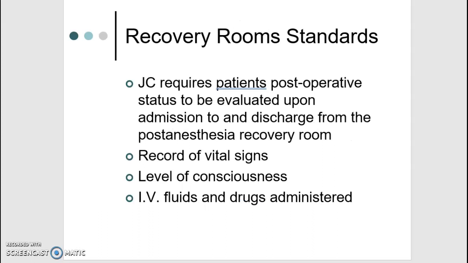The Joint Commission requires patients' post-operative status to be evaluated upon admission to and discharge from the post-anesthesia recovery room.